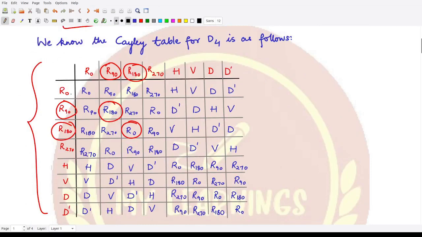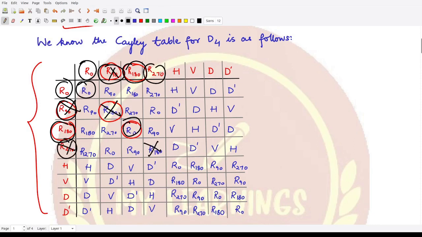Here you can clearly see R0 into R0 is R0. R90 into R90 is not R180, so we'll not take this element. R180 into R180 is R0, right? R270 is not R0, right? So we'll discard this element. Then H with H is R0, yes.